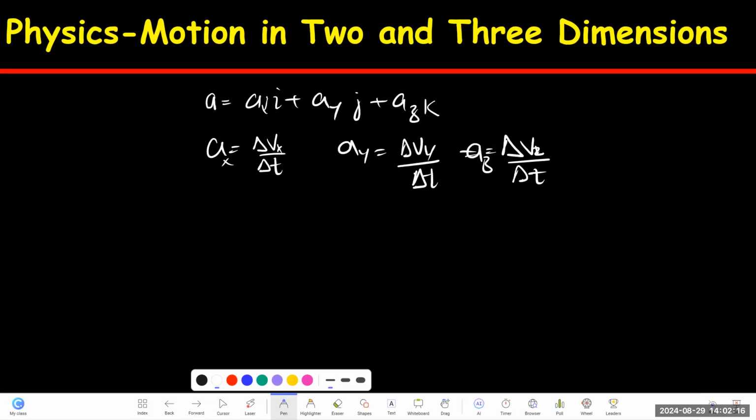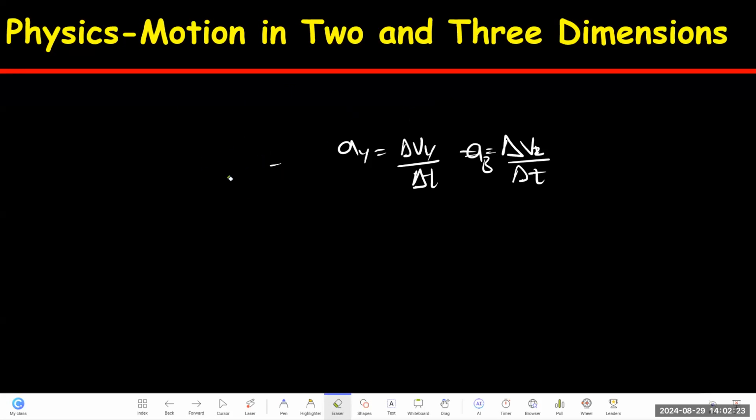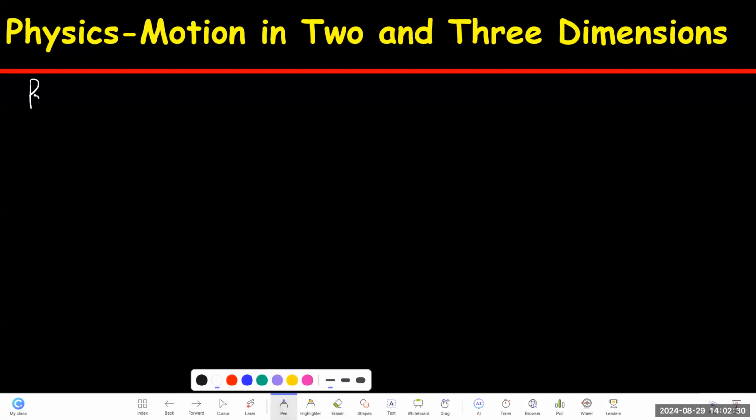Let's talk about projectile motion. Projectile motion means, just like a projectile, we throw something with an angle.